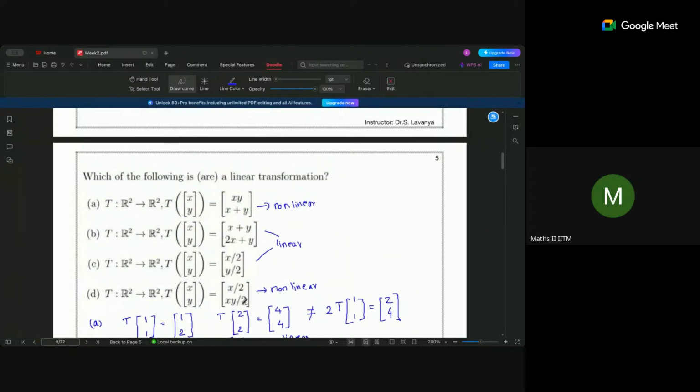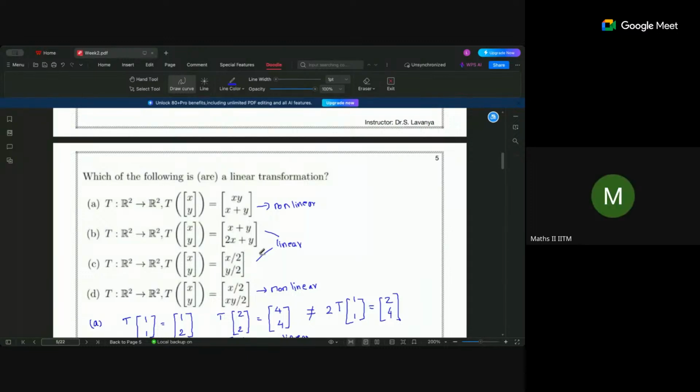Can you see that? And for this example, what are a, b, c, d? Quickly tell me. 1, 1, 2, 1. And for this one, a is 1 by 2.